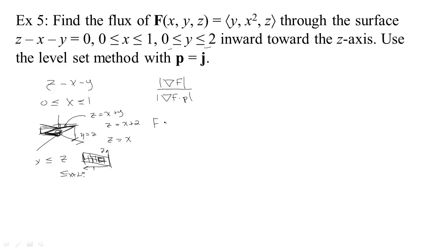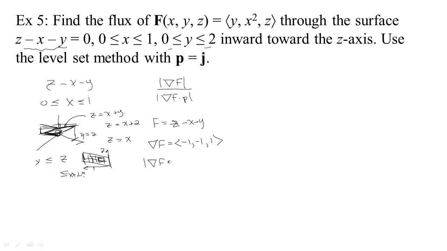So our function f here is the thing that's set equal to a constant. It is z minus x minus y. So the gradient of f is (-1, -1, 1), because the partial with respect to x is -1, partial with respect to y is -1, and the partial with respect to z is 1.